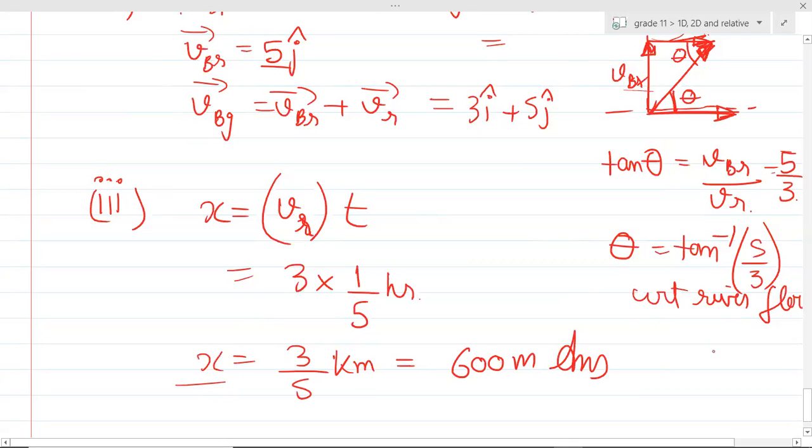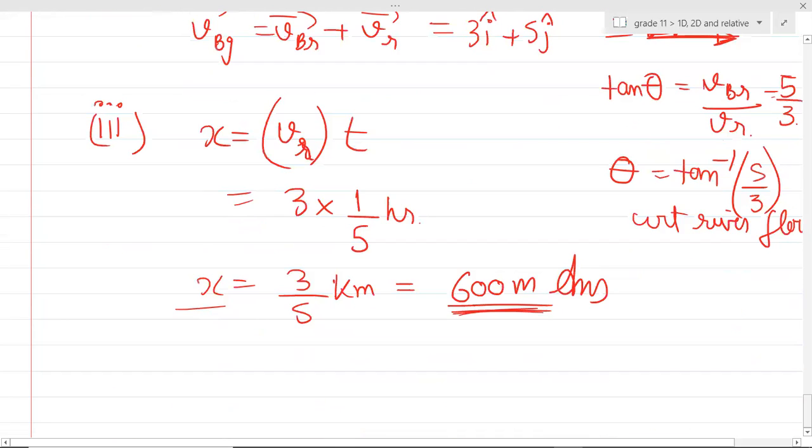So on attempting to cross the river in minimum time, he'll be drifted sidewards by 600 meters. Any doubt, guys? So this is how you do the problems which are based on relative motion. Is this clear?